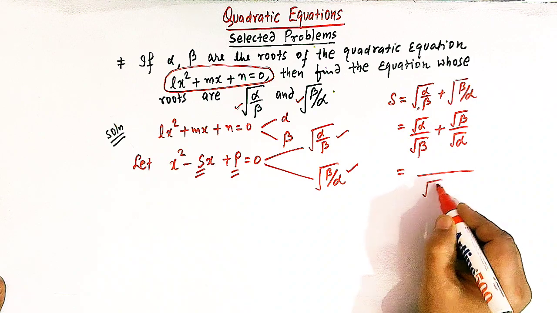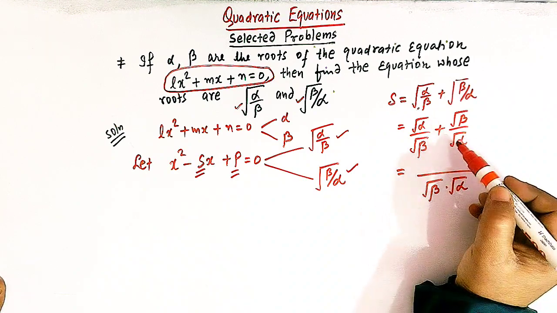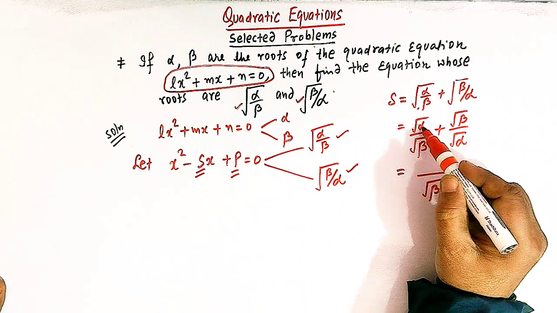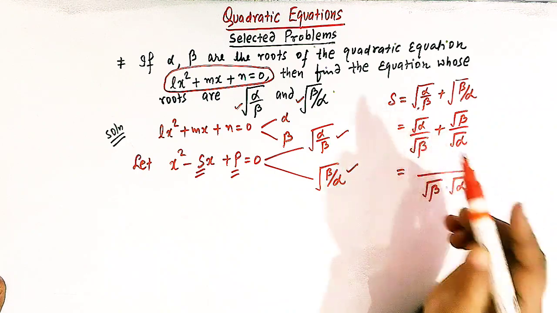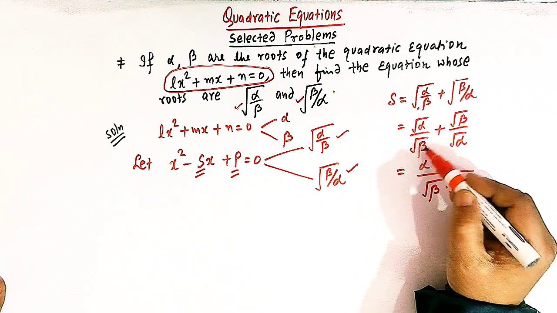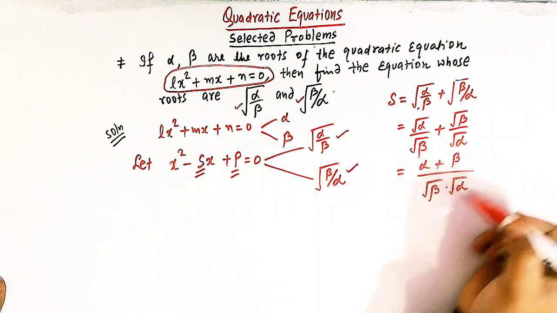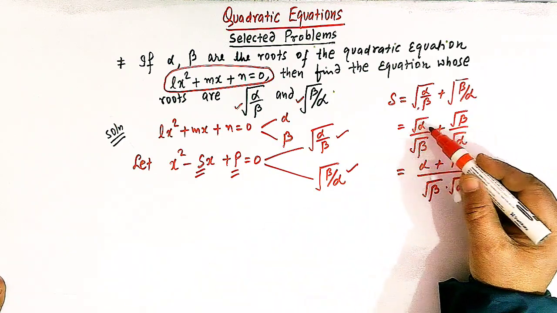Here we have square root of beta times square root of alpha, and cross multiplying, square root of alpha times square root of alpha is simply alpha, and square root of beta times square root of beta is simply beta, because the square root gets cancelled here, right?